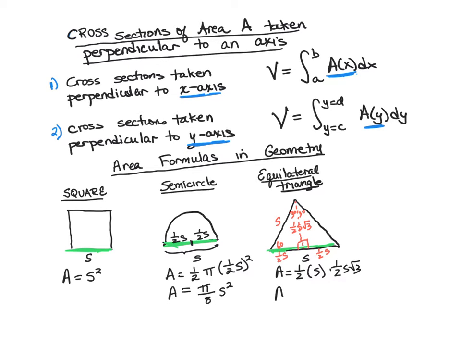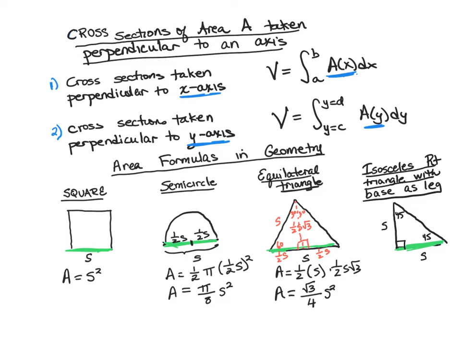So we could summarize that the area of an equilateral triangle in terms of one of its sides is simply root 3 over 4 times S squared. And that is also very popular.